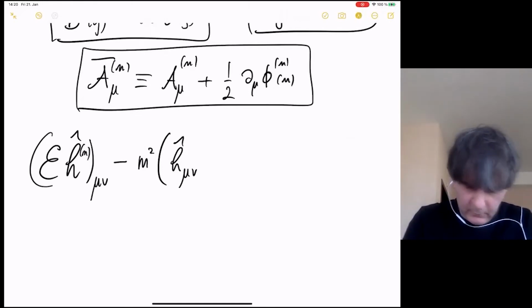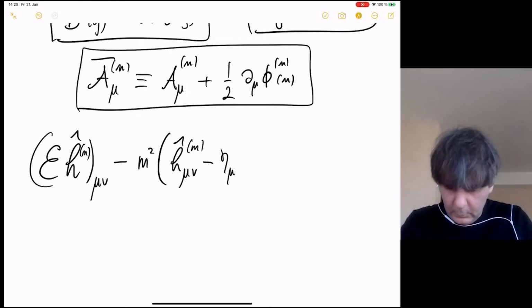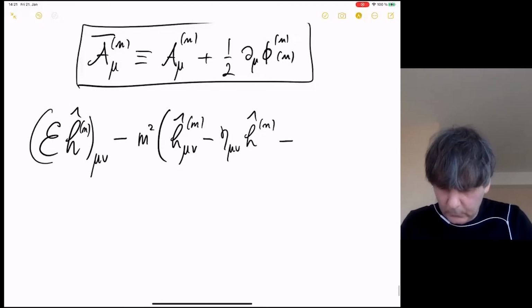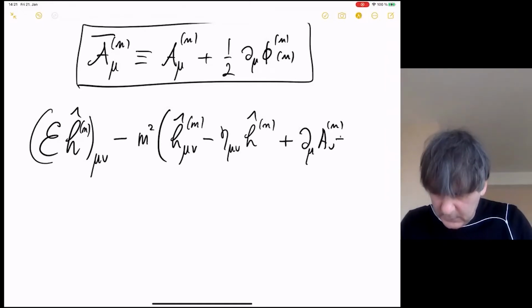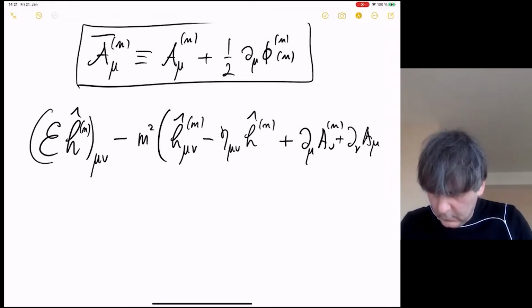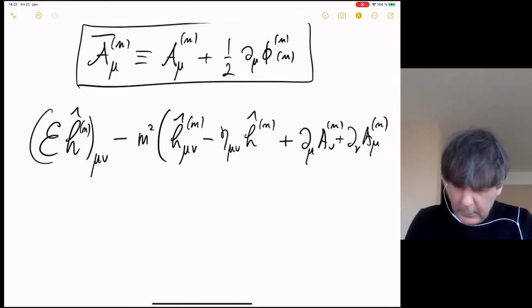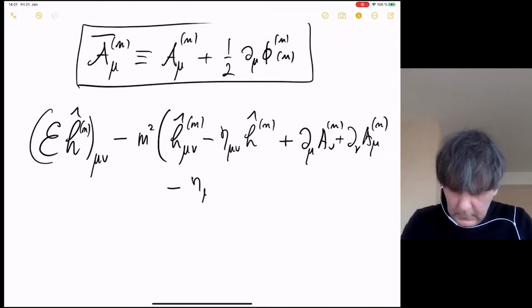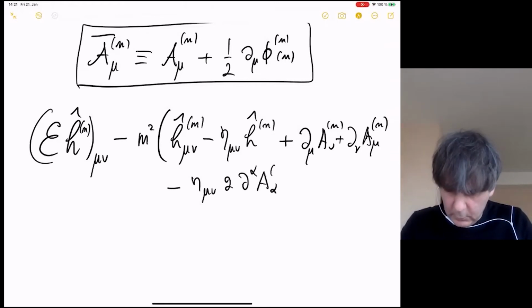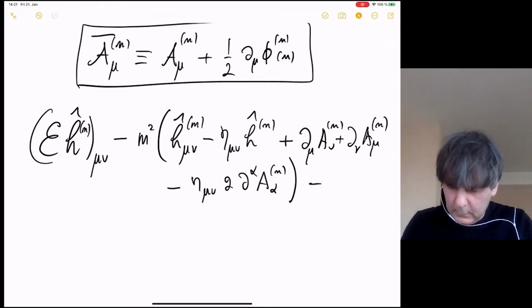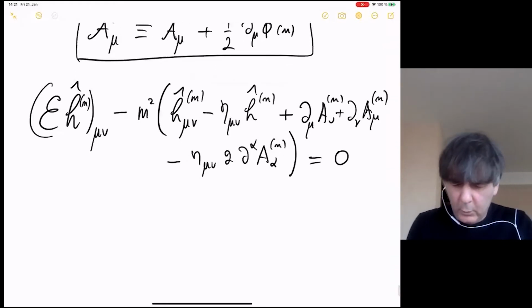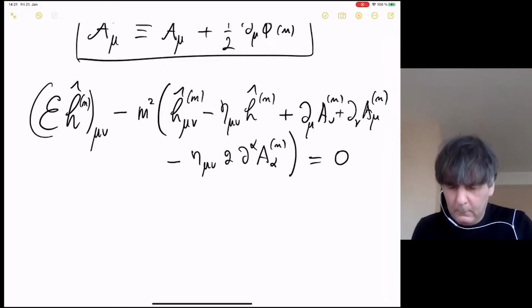So at each mass level, eta mu nu h hat, and then there will be the following structure: d mu a nu m symmetrized, and minus eta mu nu twice the divergence of a mu. Okay, so the mu nu equation will have this form.